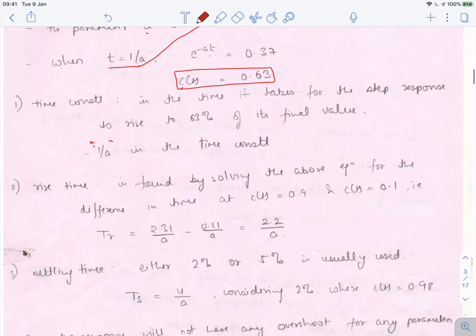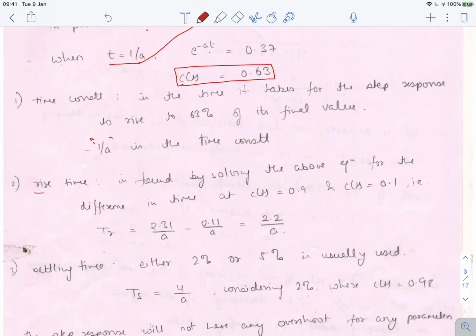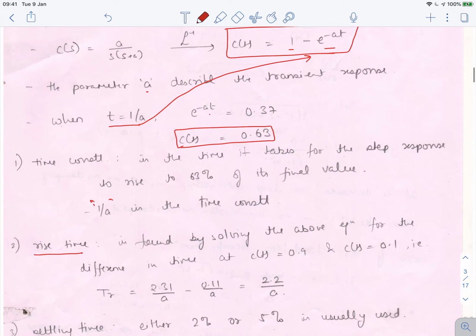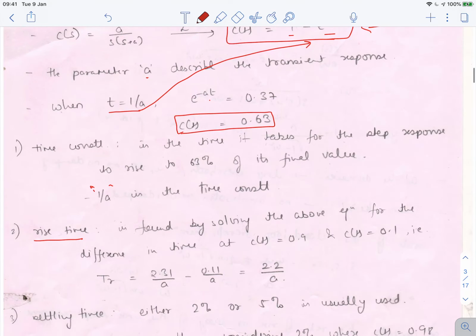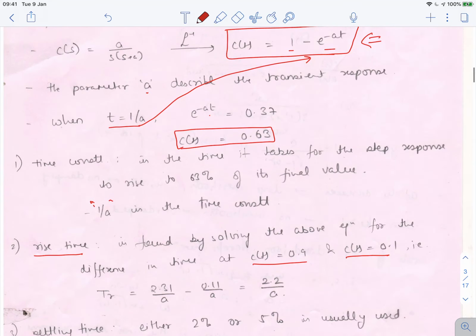The other index is the rise time, and this we can find out by solving the above equation of the response for two different values, by putting c of t equal to 0.9 and c of t equal to 0.1, and for this we can compute two different times, because we have defined the rise time as the time required to go from 10% to 90% of its final value.